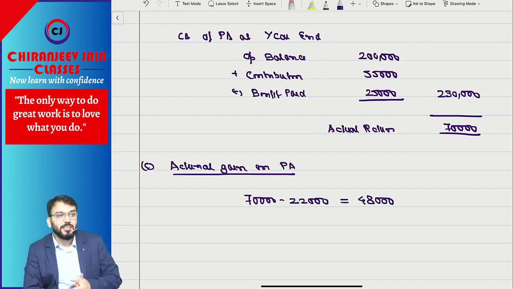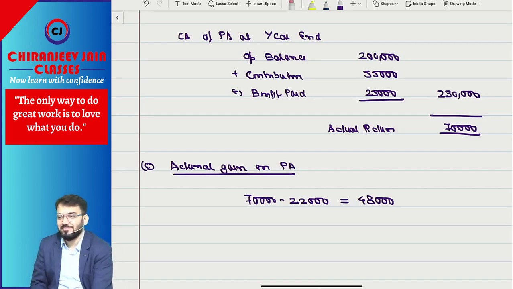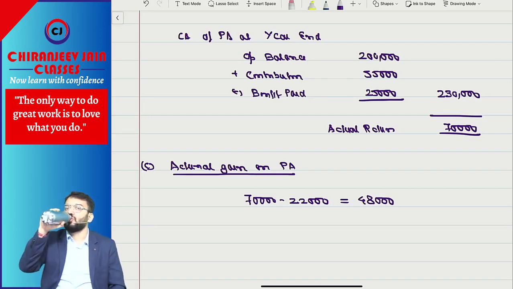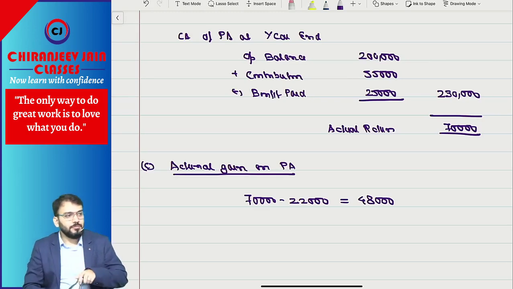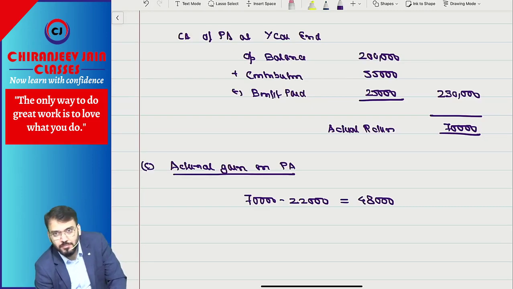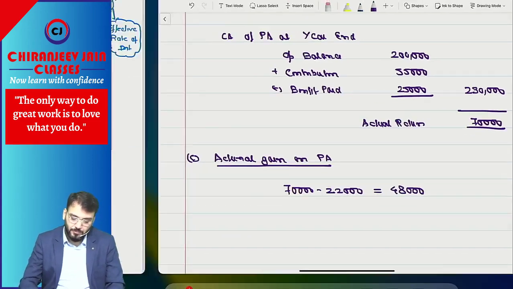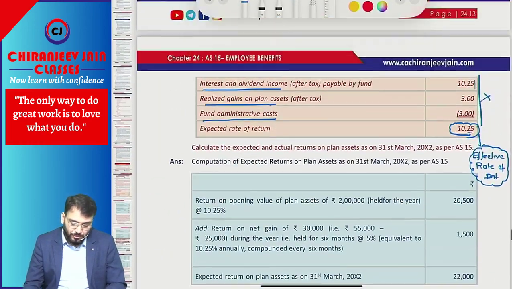This becomes the actuarial gain. Normally they ask this type of question for 5 marks. Only they will change the numbers. Write on MRQ. Must revise question.